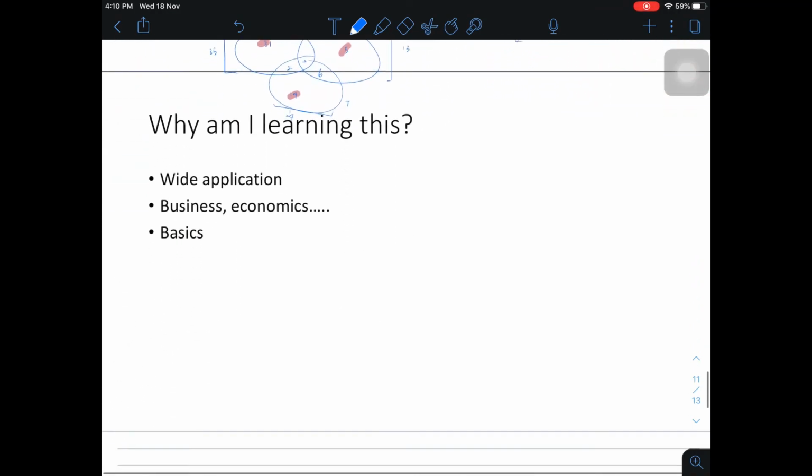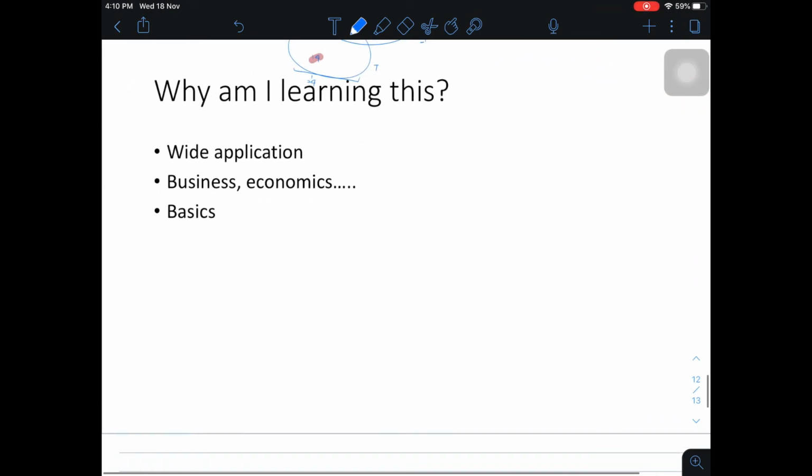So why am I learning, where am I learning the theory of sets? Well, it has very wide application in the future where you can use it in business, making decisions, and economics. But what you're learning now is the basics of everything, and if you go forward into computer science or anything, you will use this, but it will be automated and you don't have to do it manually.